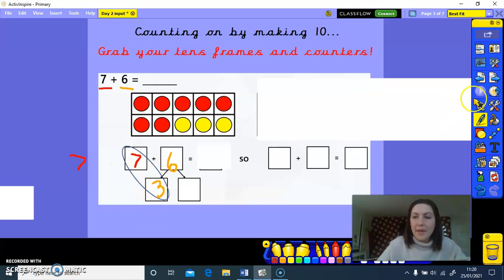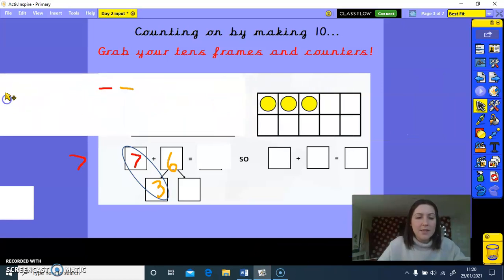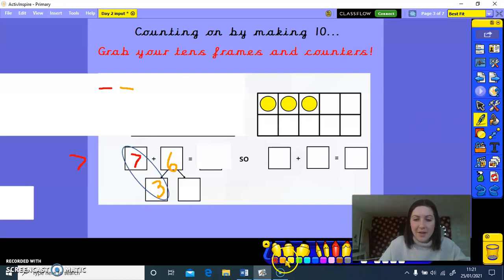So that's great. But we still need to fill in our missing part for this 6 being the whole. We've got one part is 3, the other part is also 3, as there are 3 remaining yellow counters. So then we've made our 10 here, so I'm going to fill that in here.